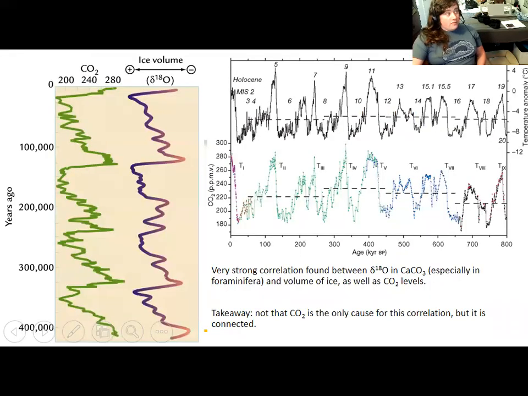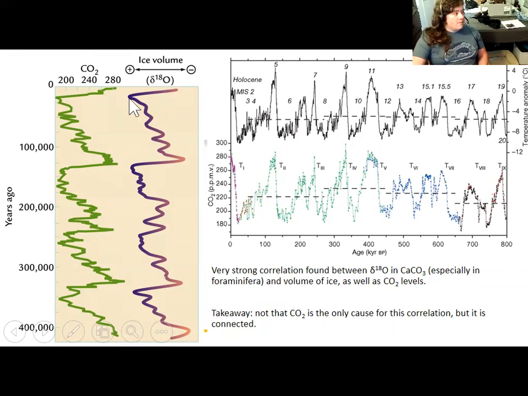Now, in ice cores, when you drill into the ice itself, the CO2 levels end up being a really useful proxy for global air temperatures. And it turns out that the levels of CO2 in ice cores show a pattern of peaks and troughs that correlates very, very well with patterns of ice volume, represented by the proxy of the ratio of oxygen 18 in calcium carbonate.